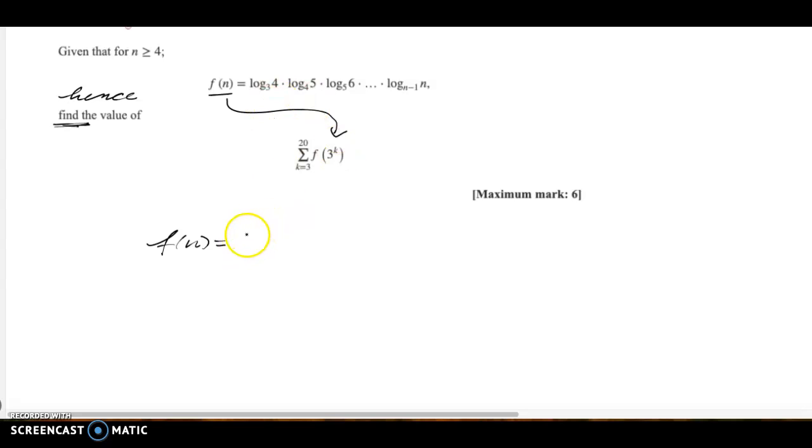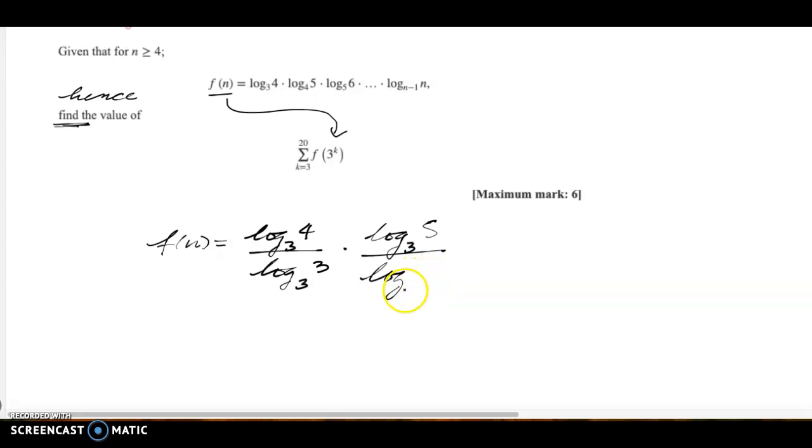You can actually do this by taking the log base 3 of 4, all over log base 3 of 3, right? Times log base 3 of 5, all over log base 3 of 4.